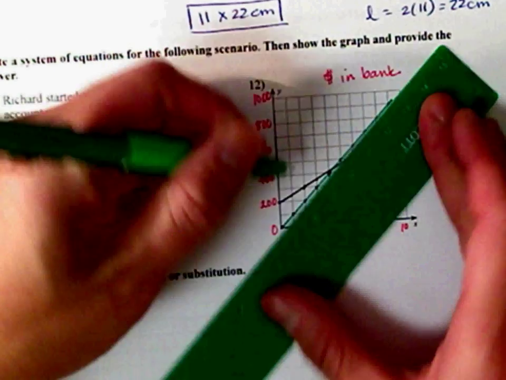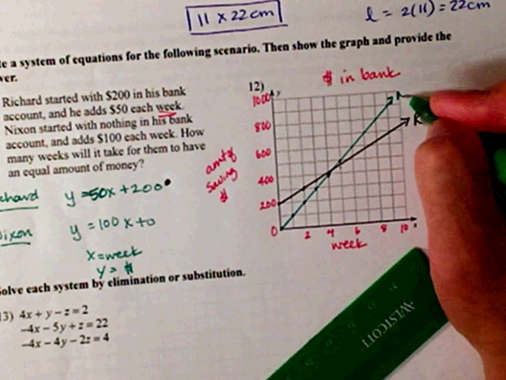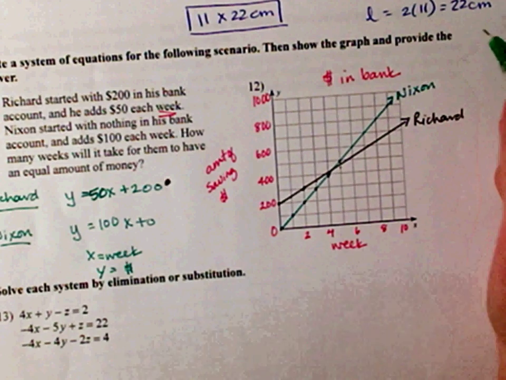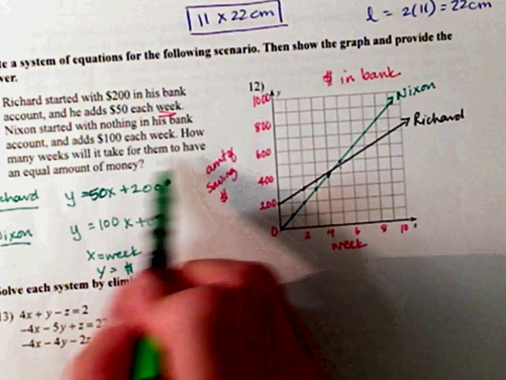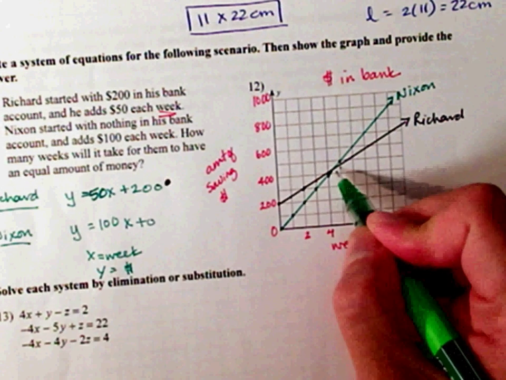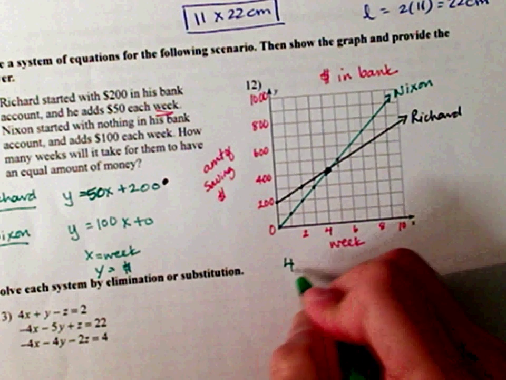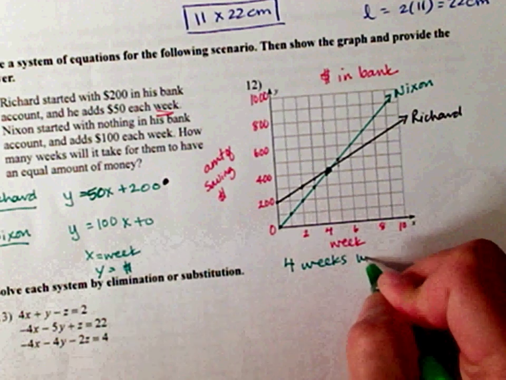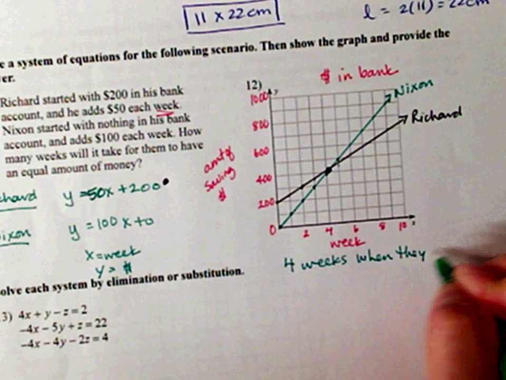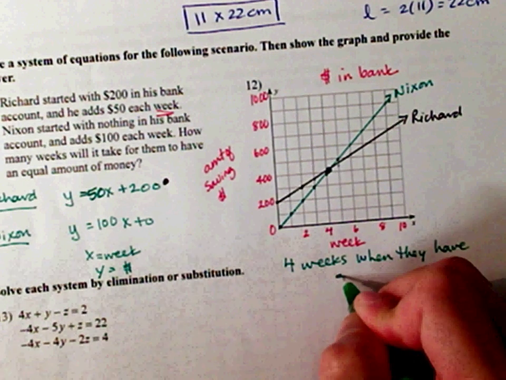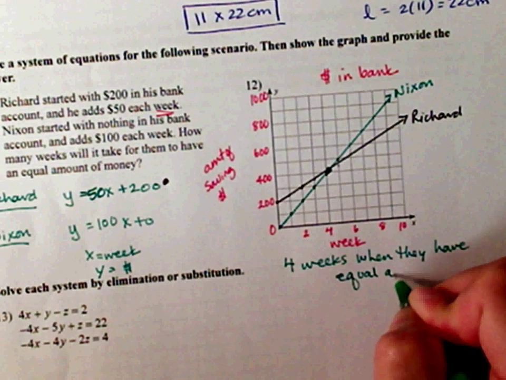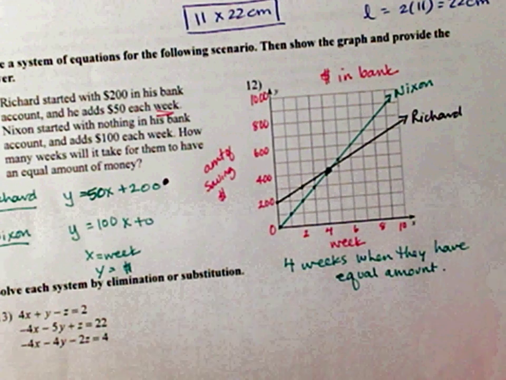So the question says, how many weeks will it take for them to have an equal amount? Well, this is where they cross right here. So how many weeks? It will be 4 weeks when they have an equal amount. There you go. And that's number 11.